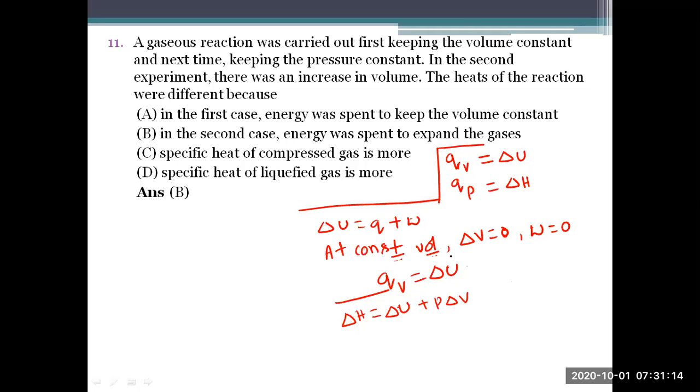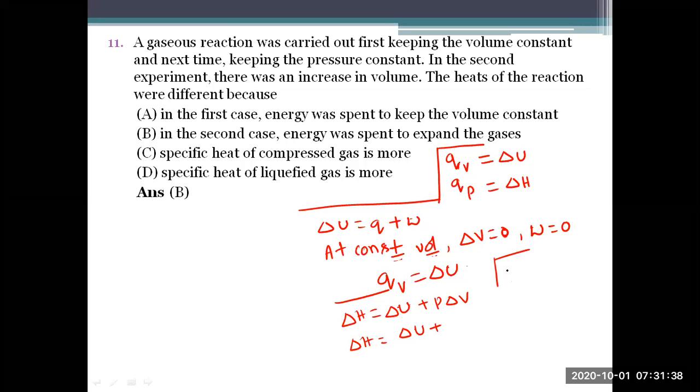But what is delta U? Delta H can also be written in the form of delta U. In terms of the first law of thermodynamics, delta U is equal to Q plus W, right?